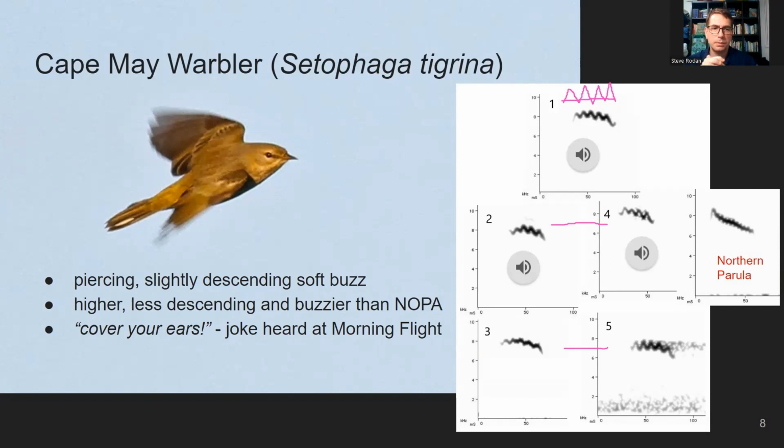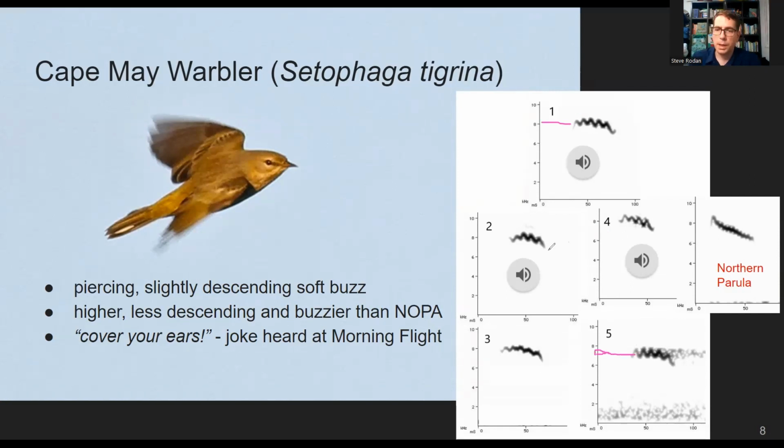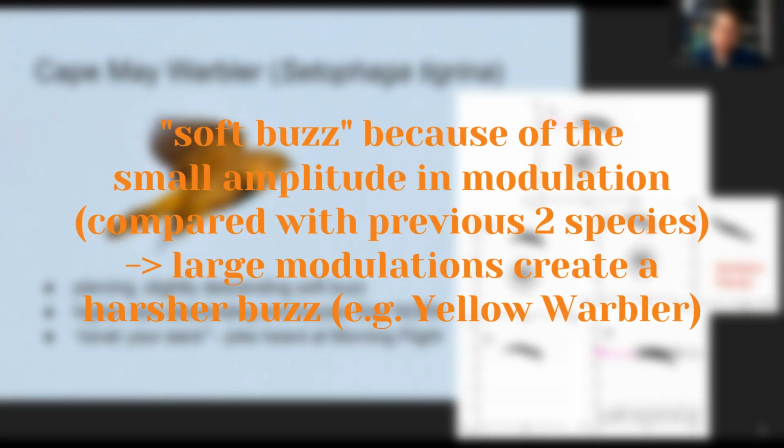Usually they're flying quite high and they give equally high calls. In fact, some will describe them as piercing. And there's a little drop at the tail, slightly descending. Soft buzz, we'll call it soft buzz. Okay, so let's listen.